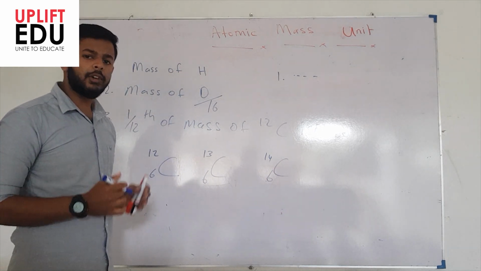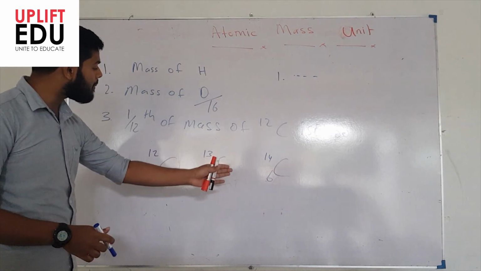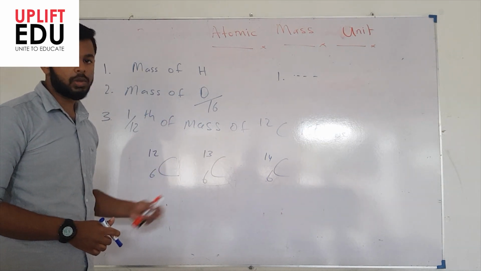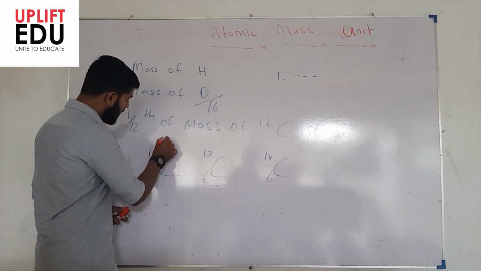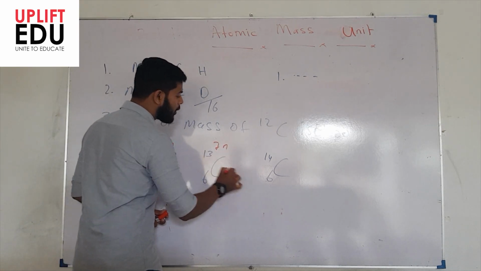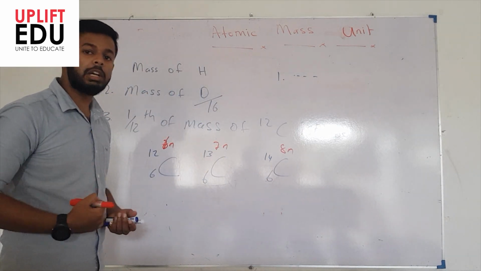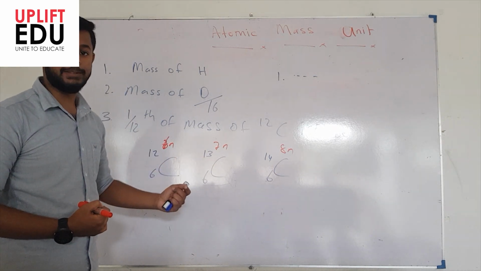What is the reason for this change in atomic mass number? That means in all the carbon atoms, the number of protons is the same, but the number of neutrons is not the same. Here there are 6 neutrons, here 7 neutrons, and here 8 neutrons. We know the neutron contributes to the mass, but it does not contribute to the chemical nature, right?